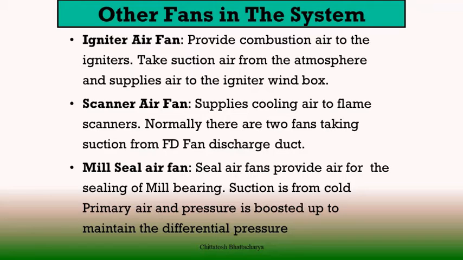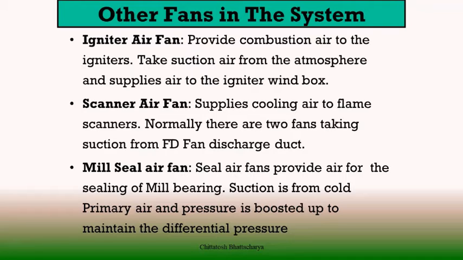Then we have scanner air fans. Scanner air fans are installed to cool the flame scanners, which cannot operate at a temperature beyond 90 degrees centigrade. They are open to radiation heat within the furnace. So naturally we need continuous cooling of these flame scanners through scanner air fans.